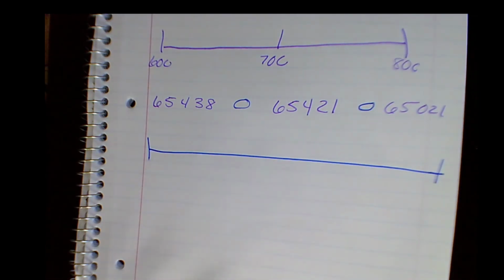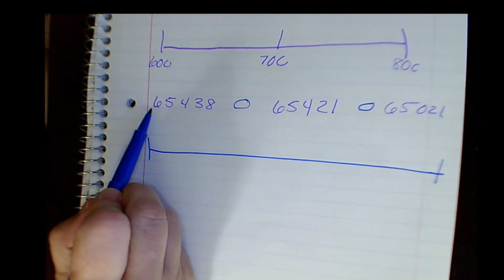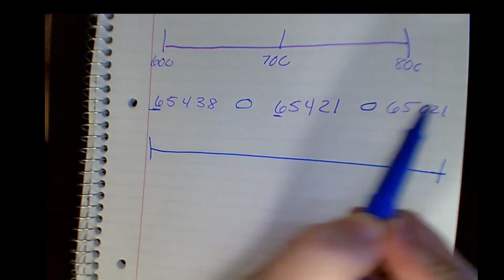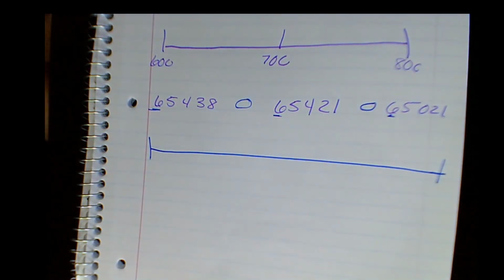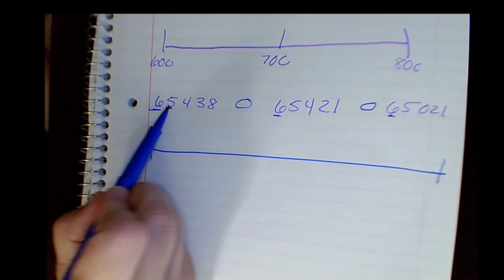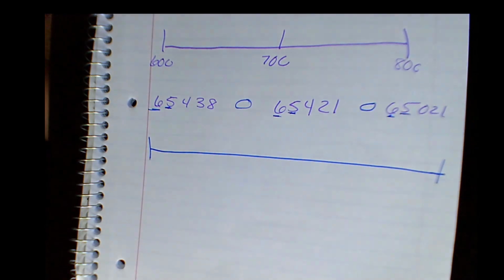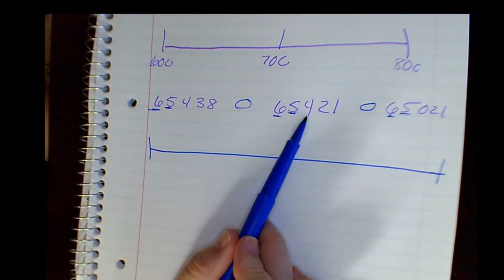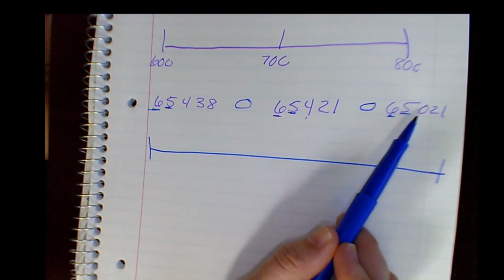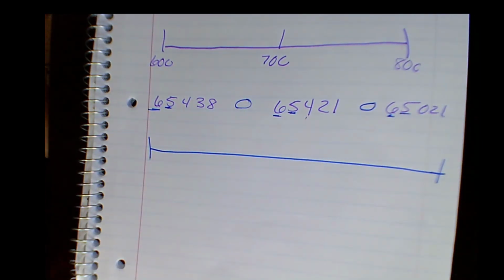Notice I haven't put anything on the number line yet. Now I want to compare my numbers. So I have a 6 in the 10,000s, a 6 in the 10,000s, a 6 in the 10,000s. That's the same. A 5 in the thousands, 5 in the thousands, a 5 in the thousands. That's all the same. I have a 4 in my hundreds, a 4 in my hundreds, a 0 in my hundreds. So this is where it's different.